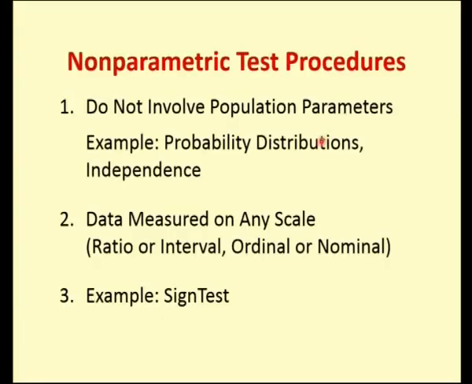Coming to the non-parametric test procedure, it does not involve any population parameters, that is, it does not depend upon the probability distributions, no independence condition. Next, data can be measured on any scale, namely ratio, interval, ordinal or nominal. The simplest example of a non-parametric test is the sign test.